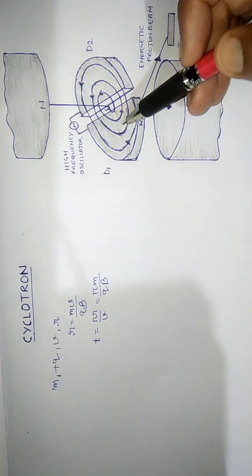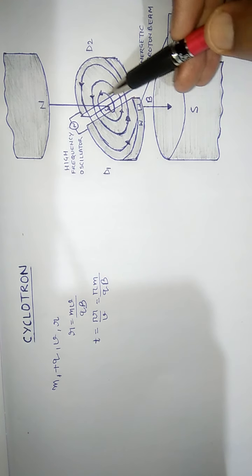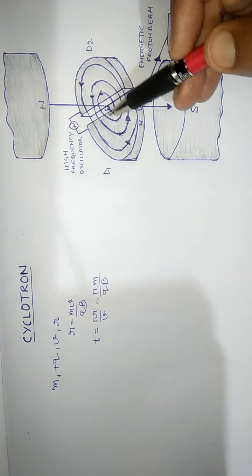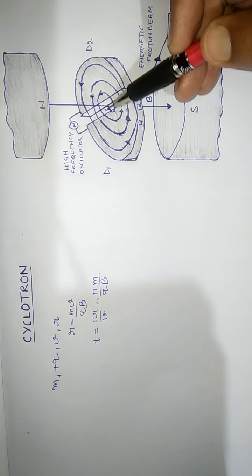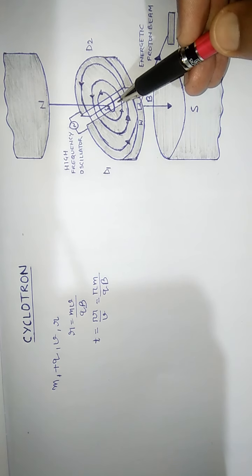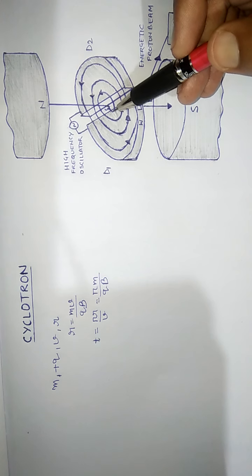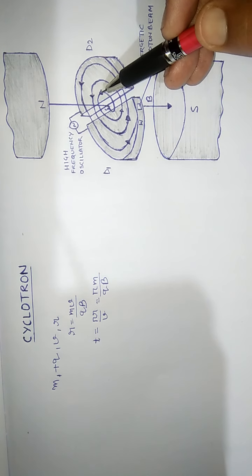The process is repeated after every half cycle of the potential difference, and the ion gains in speed each time it passes from one D to the other D.